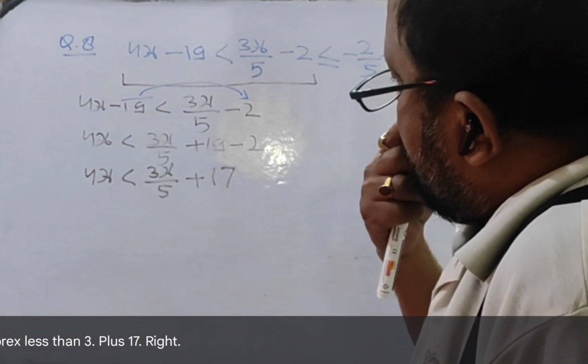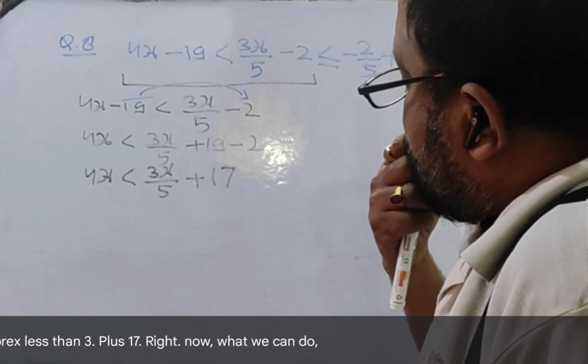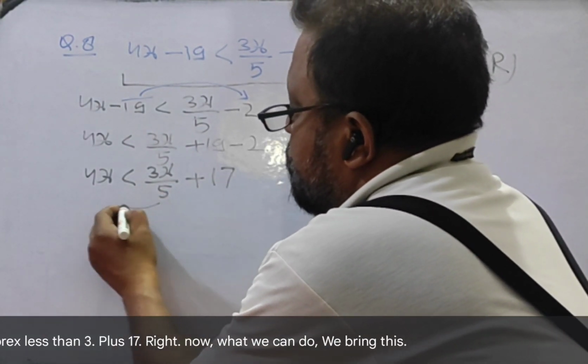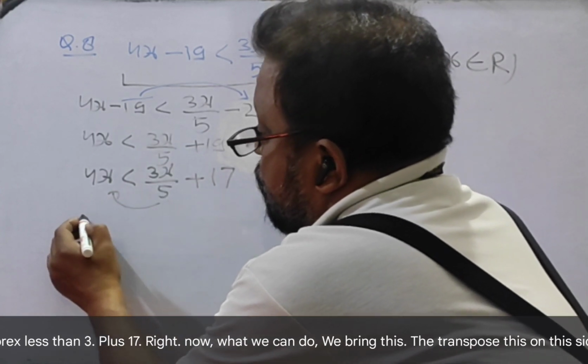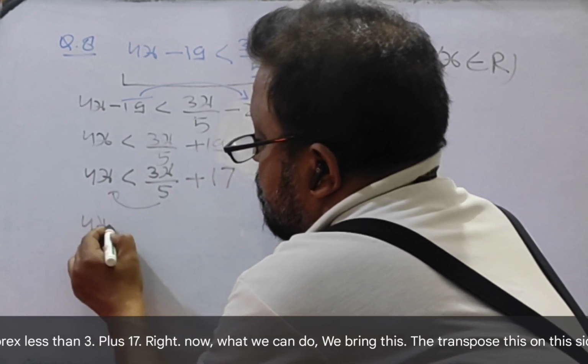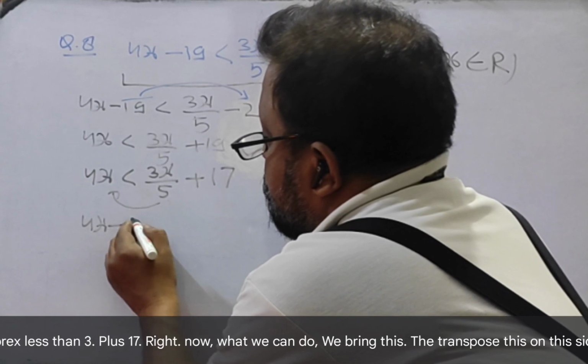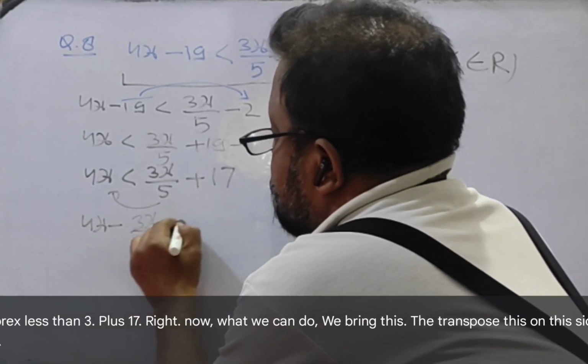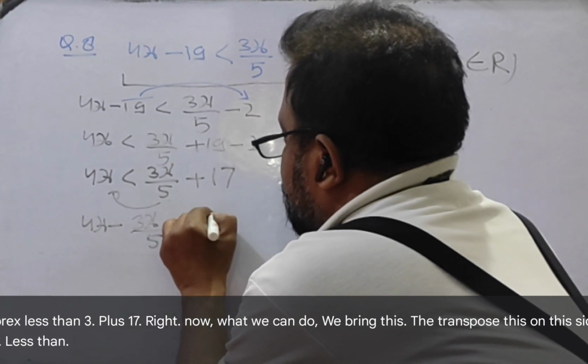Now what we can do, we transpose this on this side. So 4x minus 3x upon 5 less than 17. Okay.